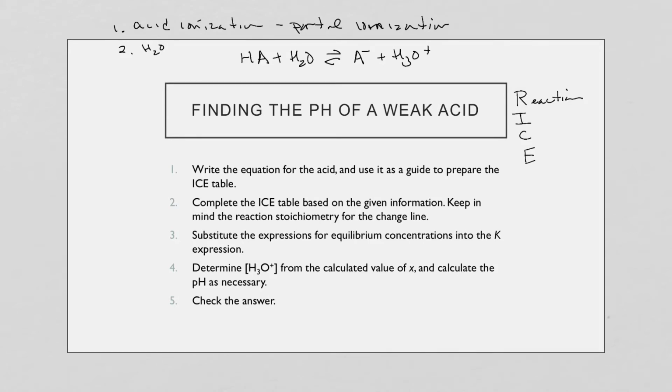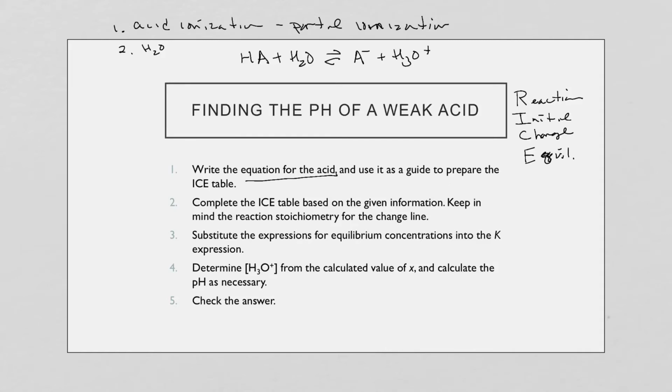We're going to write out our equation, our reaction for the acid, and that'll help us guide our ICE table, where we have the initial concentrations, we have the change, and we have our equilibrium.